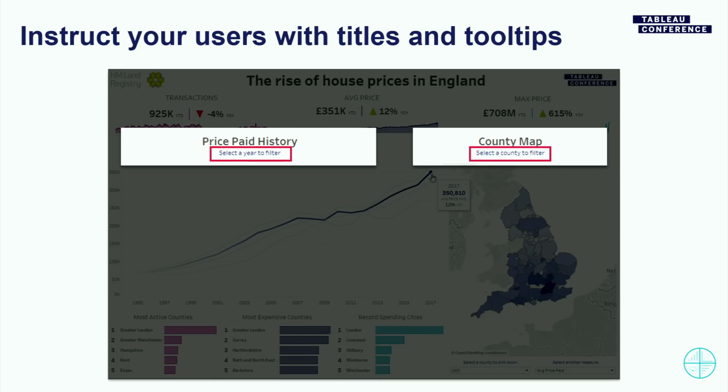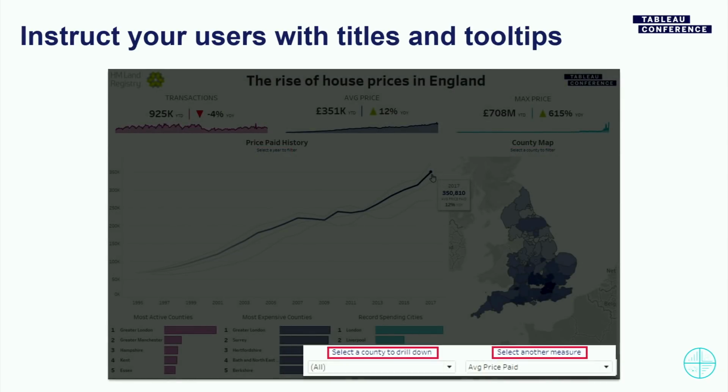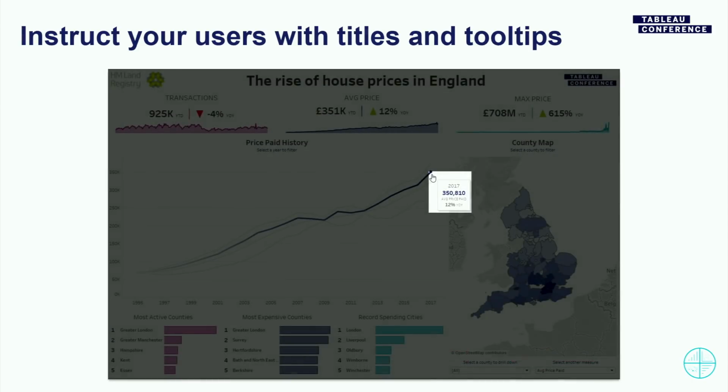It may seem obvious to say select a year to filter, but to an end user, nothing will be as obvious, especially if they're new to the dashboard. Similarly, you can apply this technique to titles of filters and parameters. Again, notice the verbiage, a real call to action, select this thing so that you can filter, and it really helps encourage engagement for the end user.